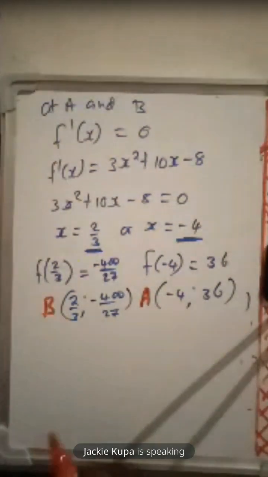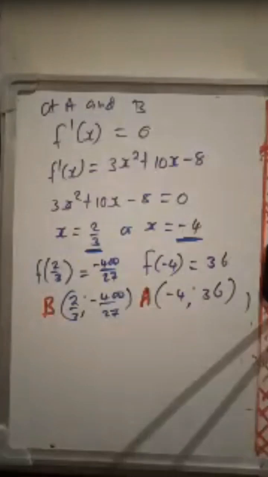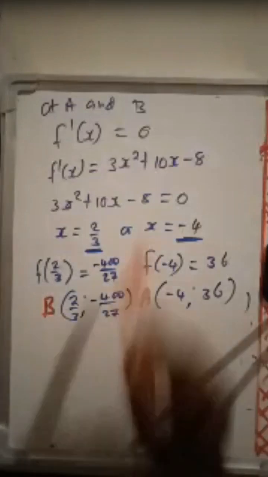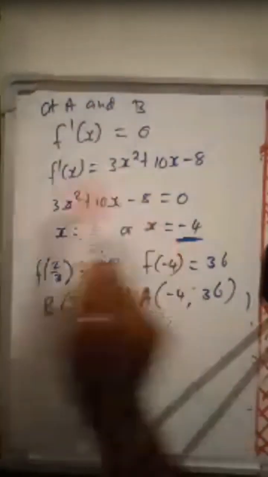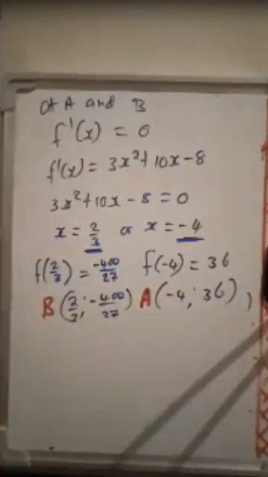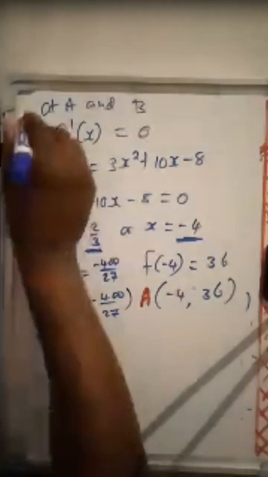Yes. Okay, so that is A, and that is B. So in order for us to get our stationary points, we can use the first derivative equated to 0. Then solving this is just solving a simple quadratic equation. That was problem number 3.